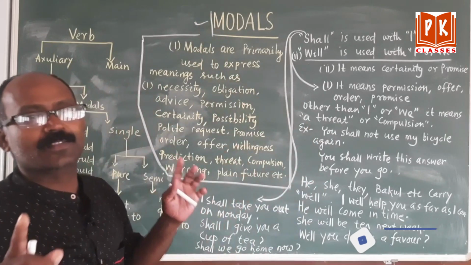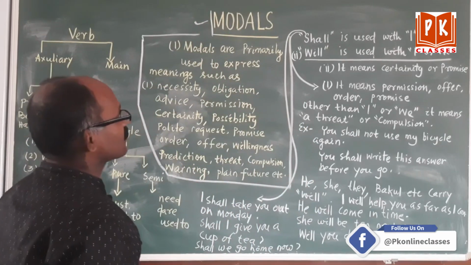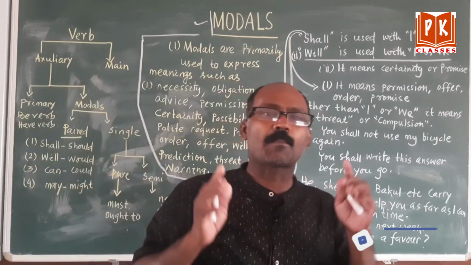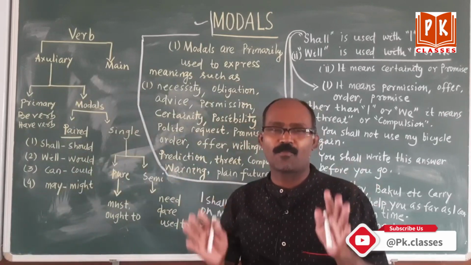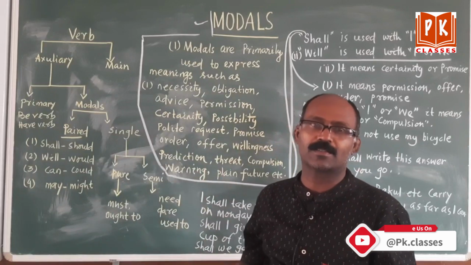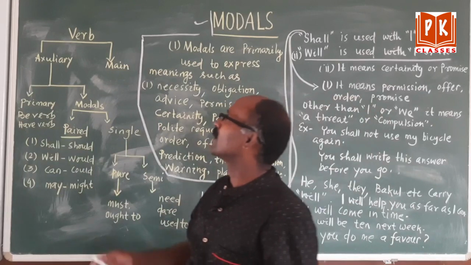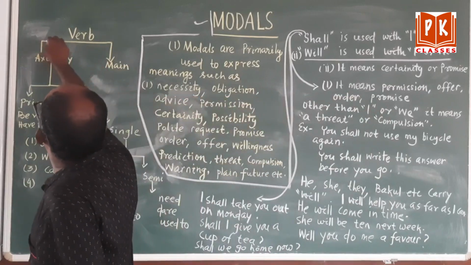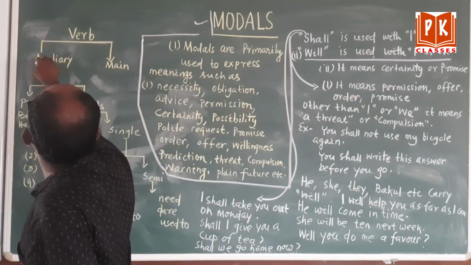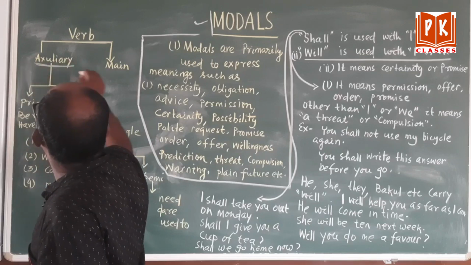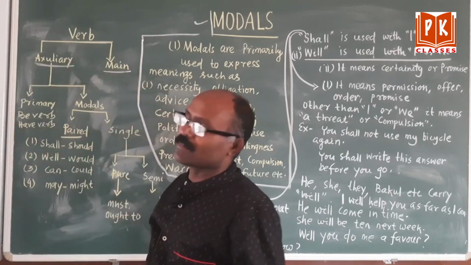We should know first: if we see the verb pattern, we can categorize the verb into two parts. Number one is auxiliary verb, number two is main verb.